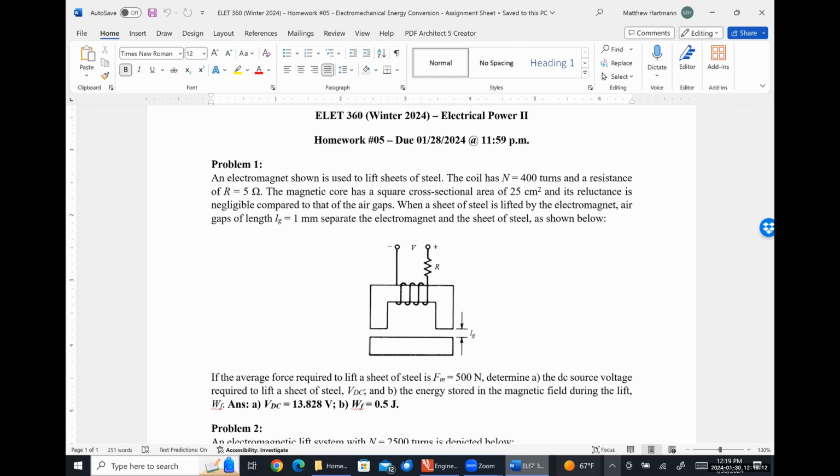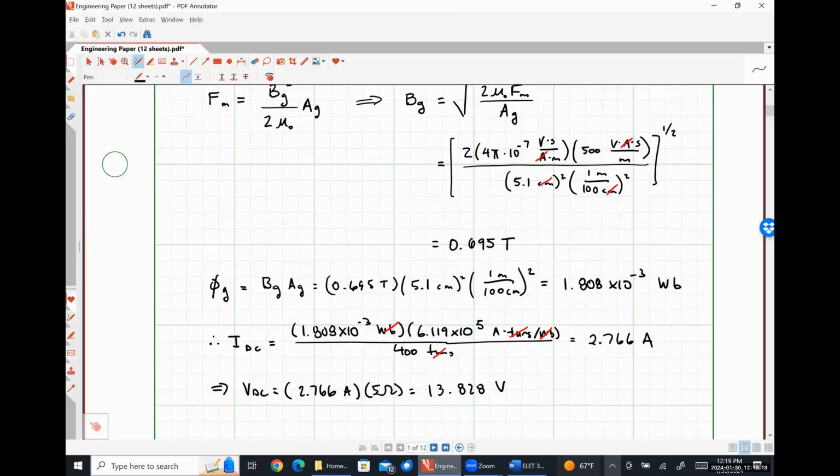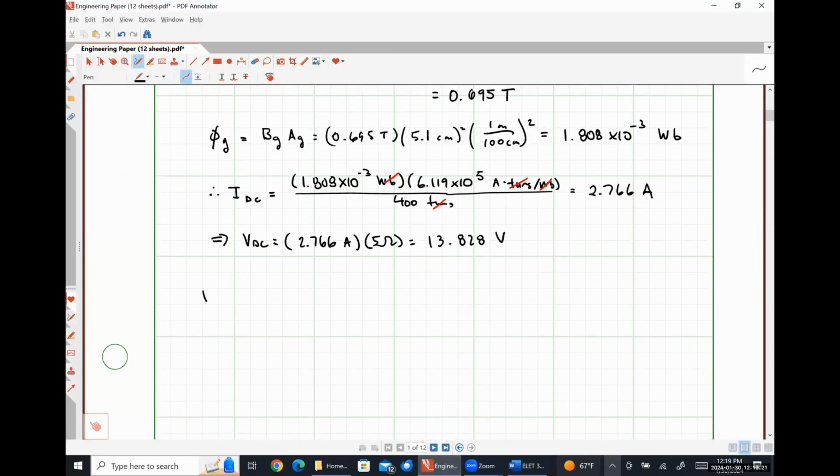All right, so to calculate our stored energy, the way that I did it was I said that WF was BG squared over twice mu naught times the volume of our air gap, which is just our air gap area times the air gap length.